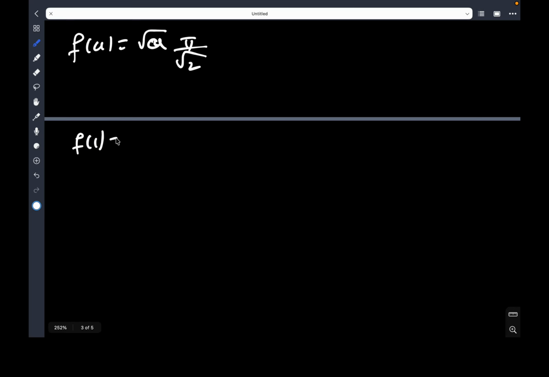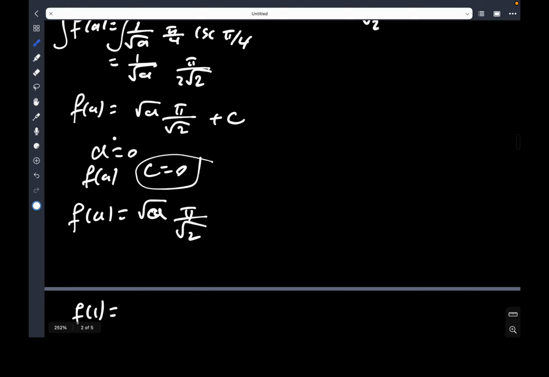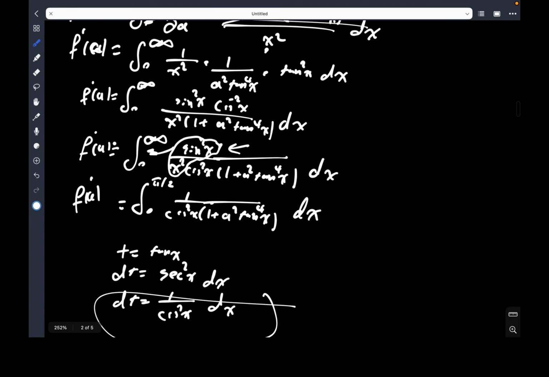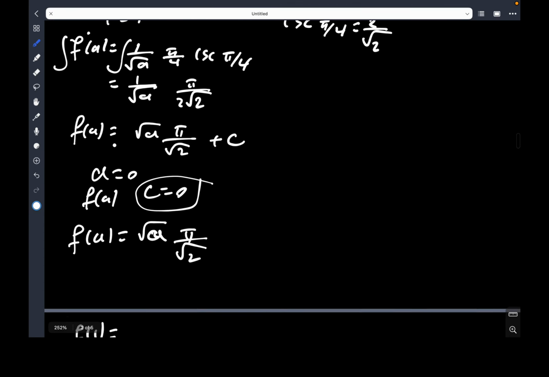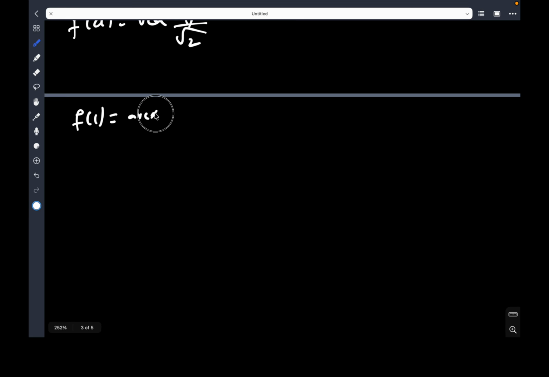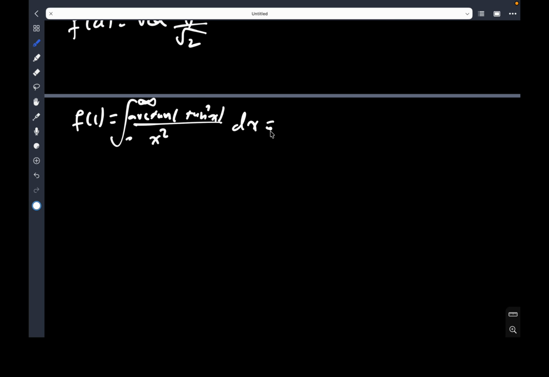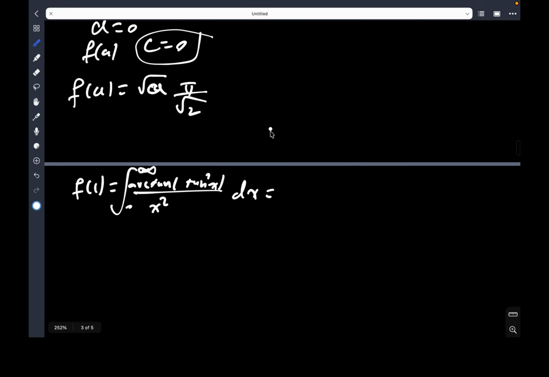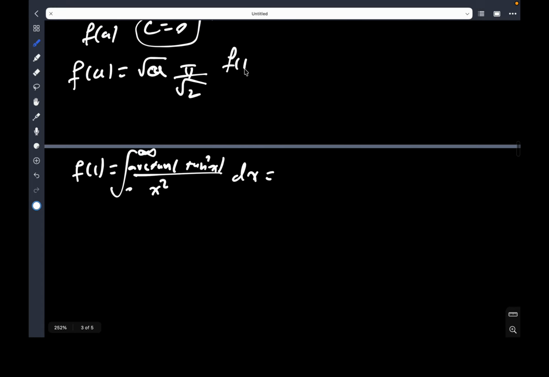I said if I find the f of 1, I've actually found the integral of mine, which is arctan of tan squared x over x squared, the integral from 0 to infinity dx, and my f of 1 is pi over root 2.